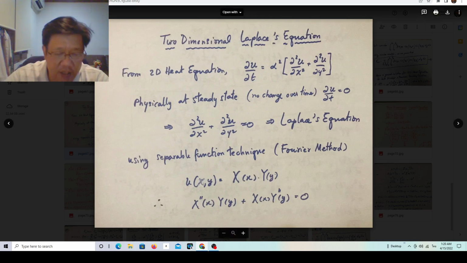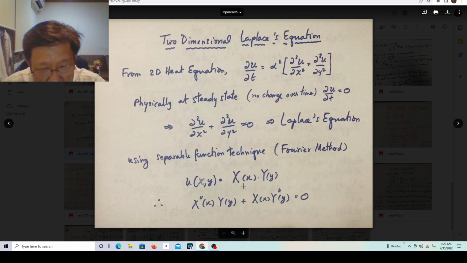And the same way, once u of x, y is represented using this separable function technique, with this Laplace equation relationship, you end up with this relationship, because this is the second order of the u function over x and the second order of the u function over y.